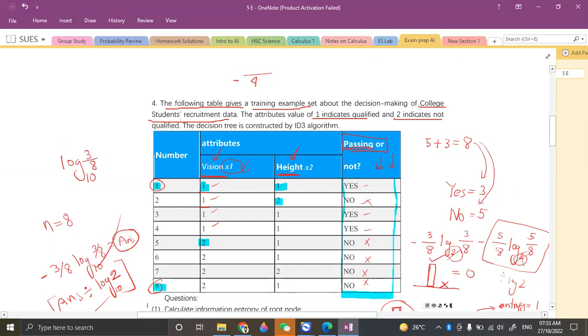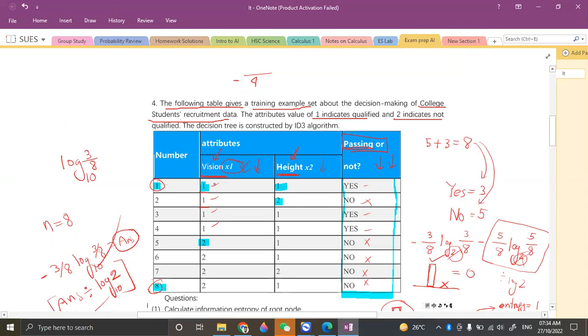The total is 4, because we are now considering conditional entropy. So now we only look here at the vision, and after that we will only look here at the height.